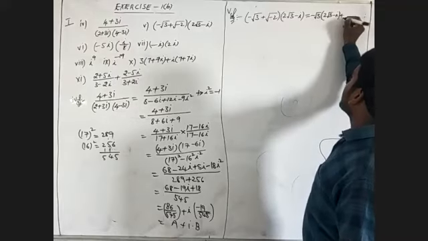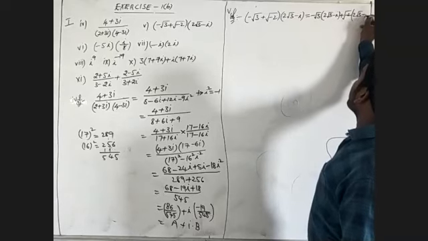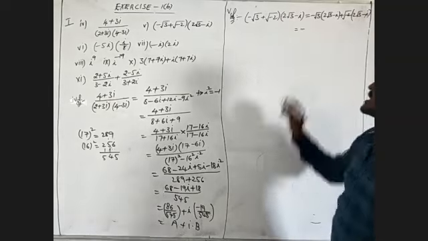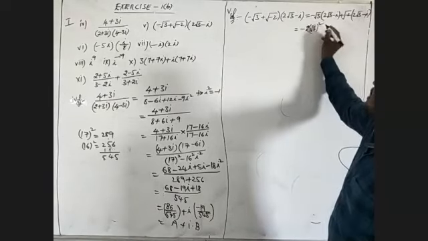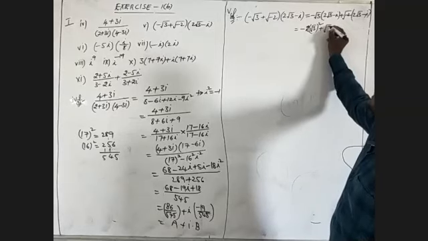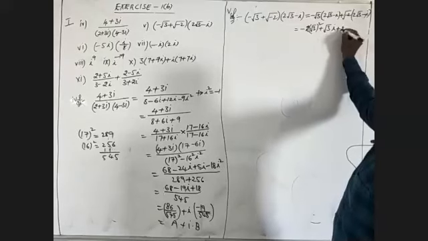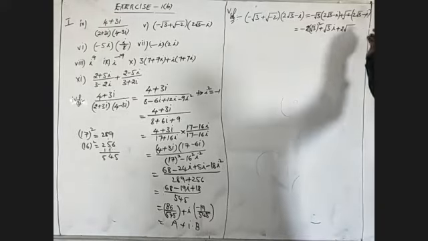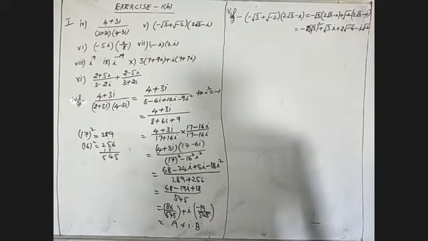Remaining is plus of root minus 2 into 2 root 3 minus i. That means minus 2 into root 3 whole square. After that minus into minus is plus root 3 i, plus 2 into root of minus 2 into root 3. That means root of minus 6, remaining is minus i root of minus 2.